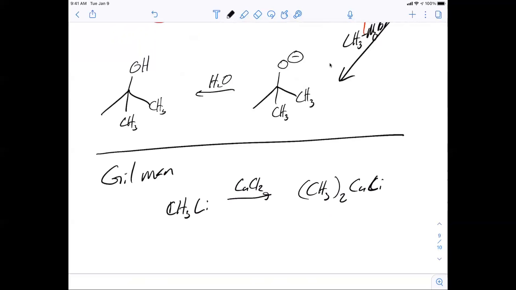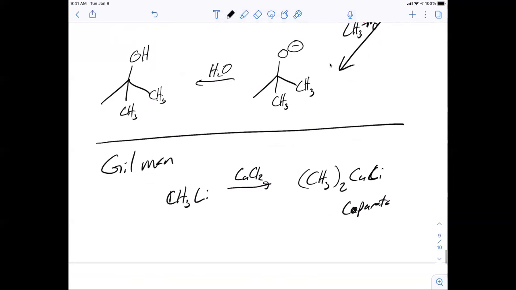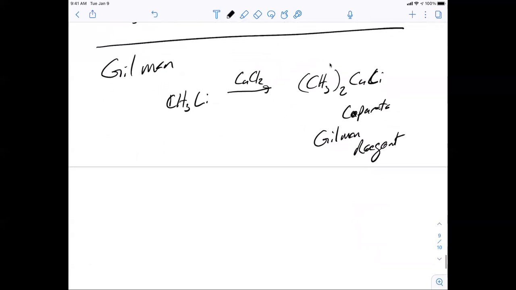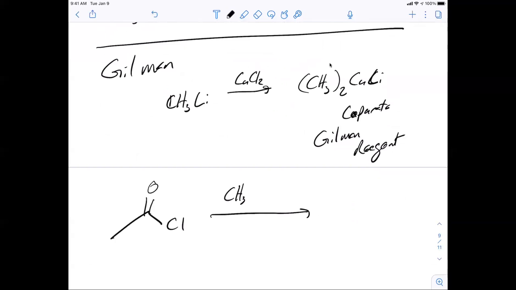If I can spell cuprate correctly. Right, so this is a Gilman reagent. So the Gilman reagent can react with acid chlorides, but it's going to react with the acid chloride in a coupling reaction.